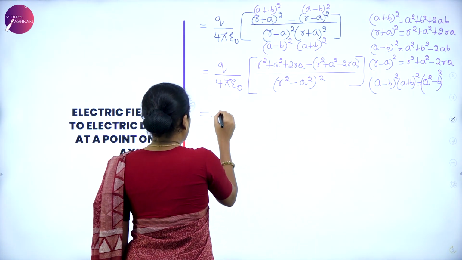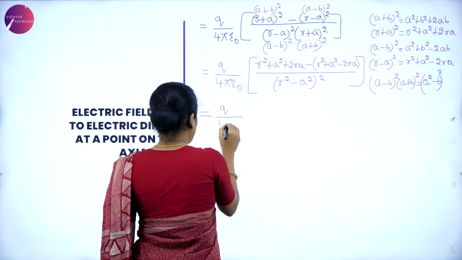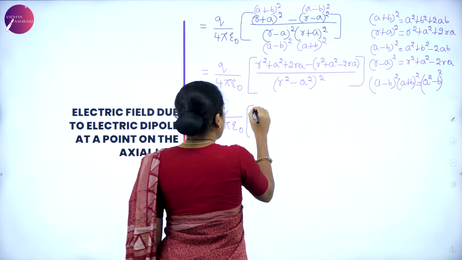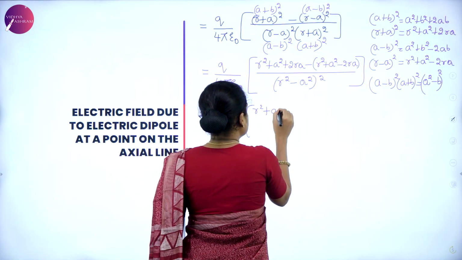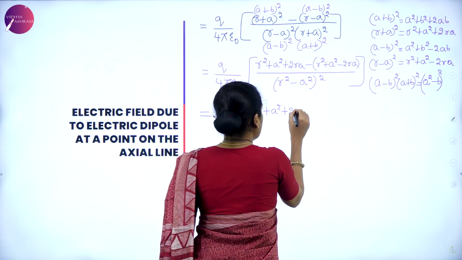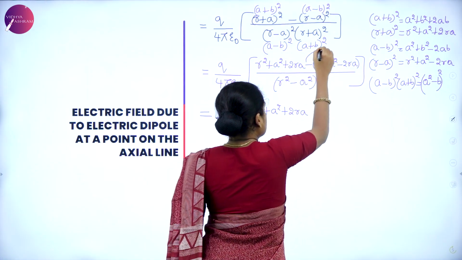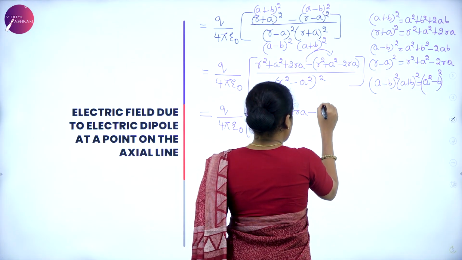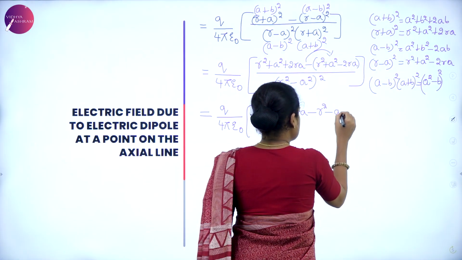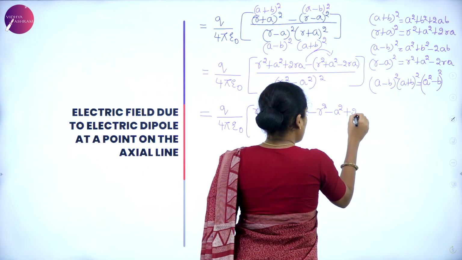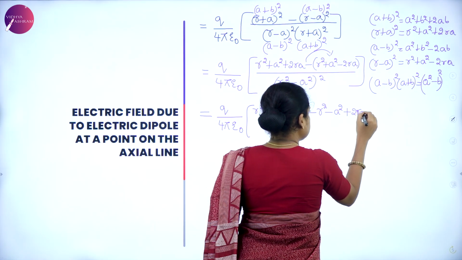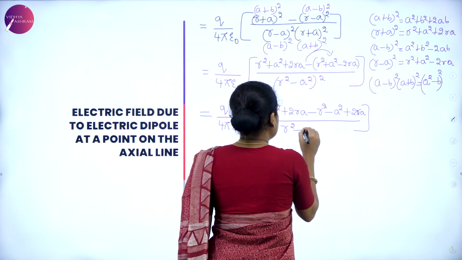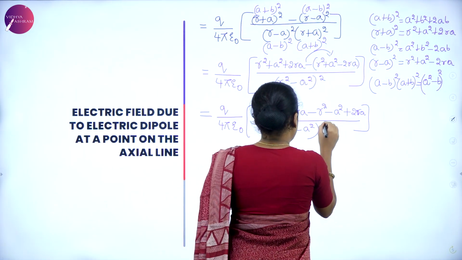Yes. Now in the next step, Q by 4 pi epsilon naught, R square plus A square plus 2RA minus into the bracket, when you consider, then you get minus R square minus A square plus 2RA. And the denominator is (R square minus A square) whole square.